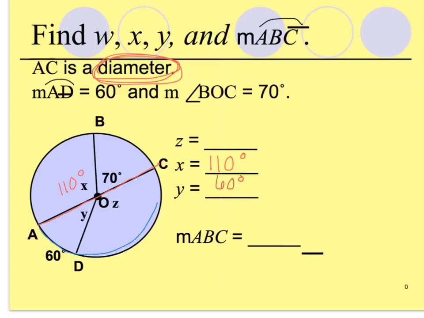And the measure of this arc, its sum is equal to 180 degrees because of the diameter AOC, and I already know 60 degrees is arc AD, so I subtract that from 180, and I get 120 degrees for angle Z, because arc DC is 120, and that's the same degree measure as central angle Z. And the measure of arc ABC is 110 plus 70, so it's 180 degrees.